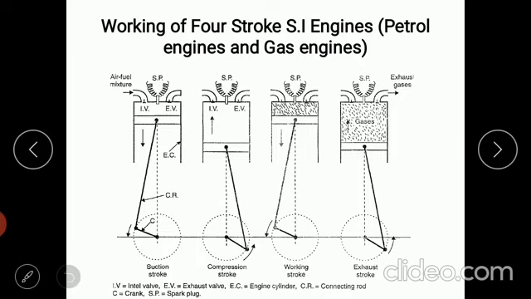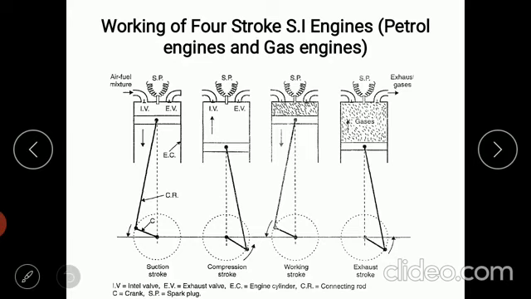But nowadays we have fuel injection technology in the SI engine, that is gasoline direct injection. So we can inject fuel at the end of the compression stroke also. For discussion's sake, we will discuss with respect to the conventional SI engine.